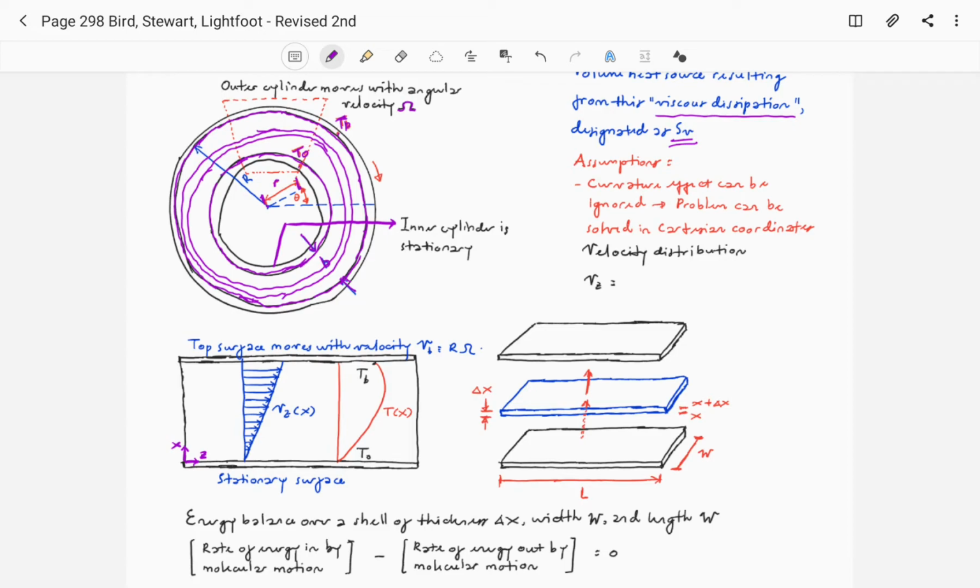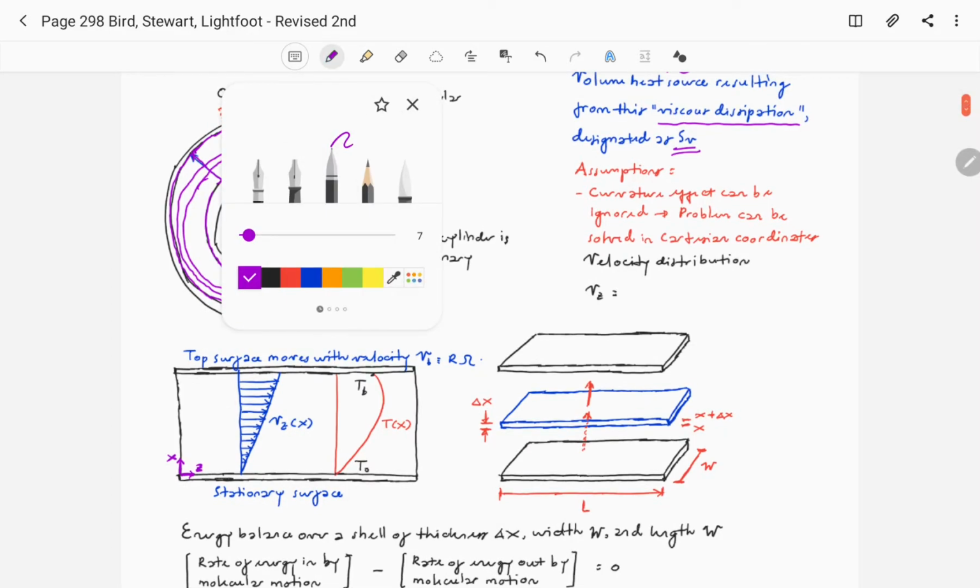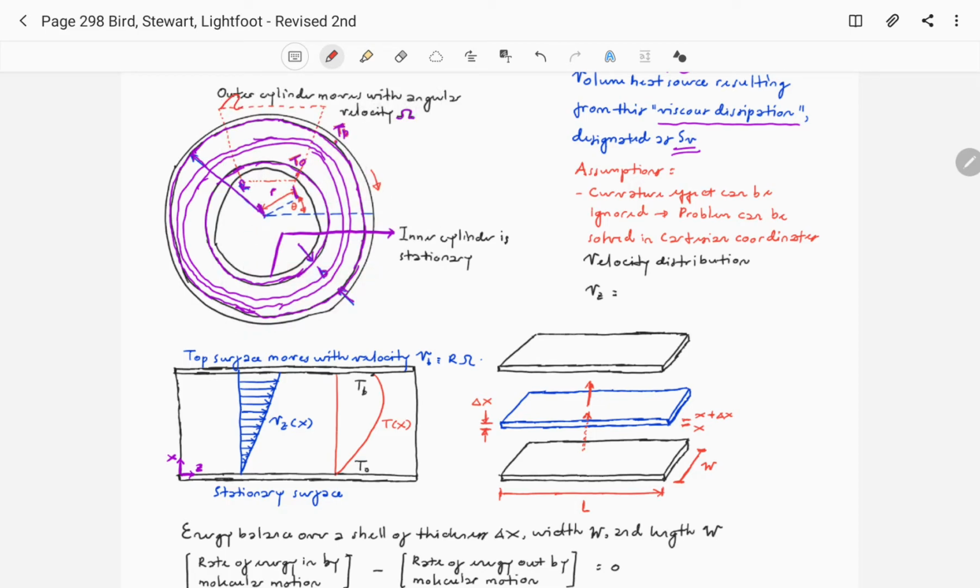So we take this radius here as R, the radius of the outer cylinder. If b is much smaller, then the problem can be solved approximately using a simplified system as shown below. So here we focus on this particular restricted area, the one that we put in dash lines here.